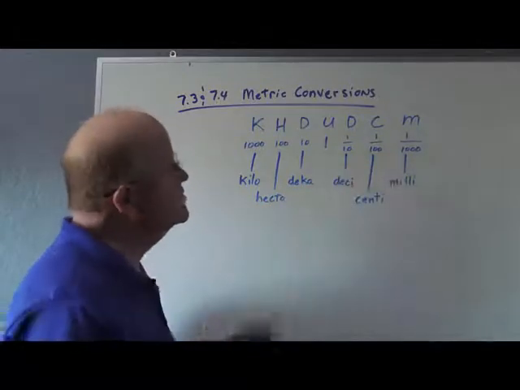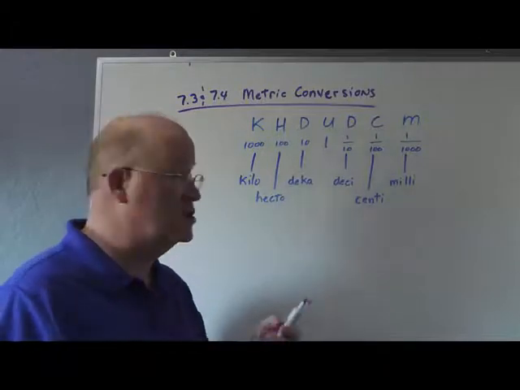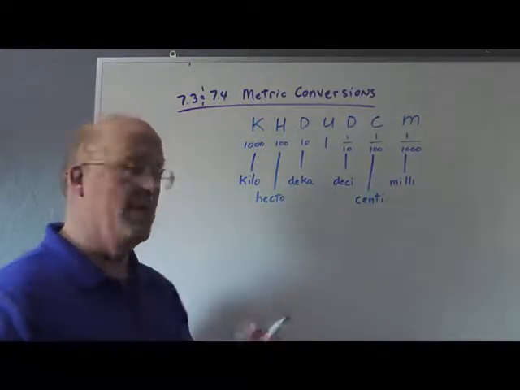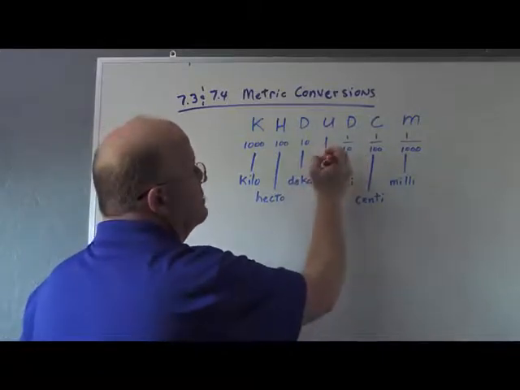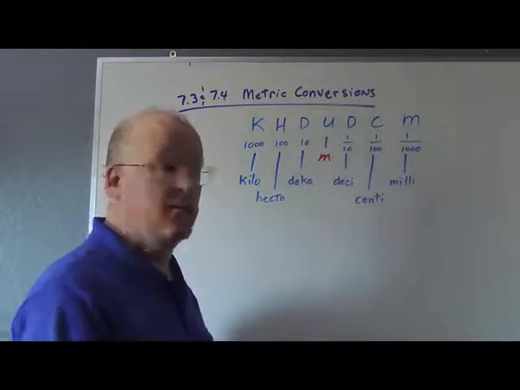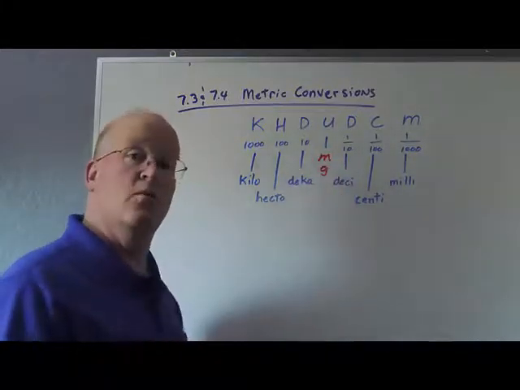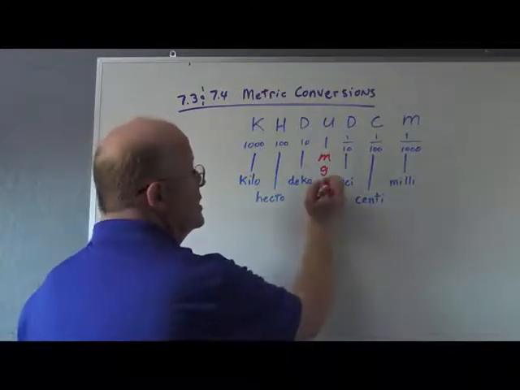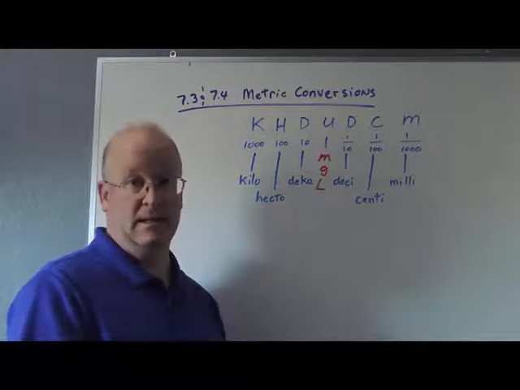And it's really useful to use this Kids Have Donuts Until Dad Calls Mom type of abbreviation to help us do this conversion back and forth. Now, the unit in the center here can either be M representing meters, and that's when we're dealing with length, G representing grams when we're dealing with weight, and L, usually a capital L, for liters when we're dealing with capacity.